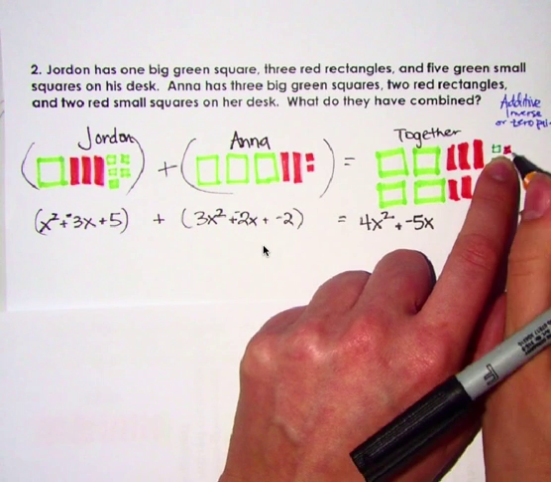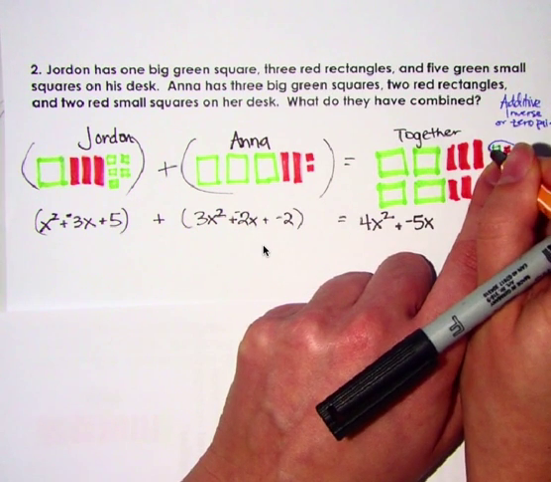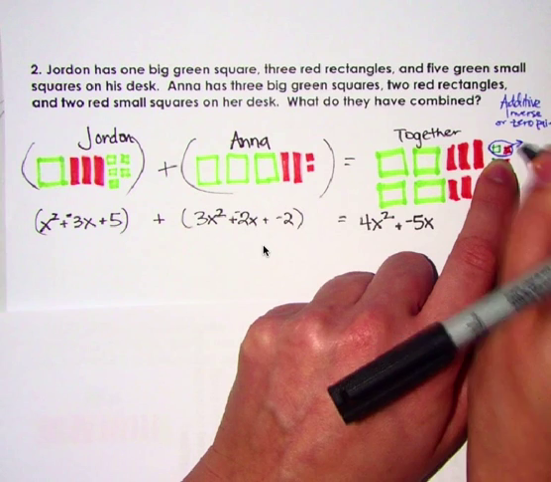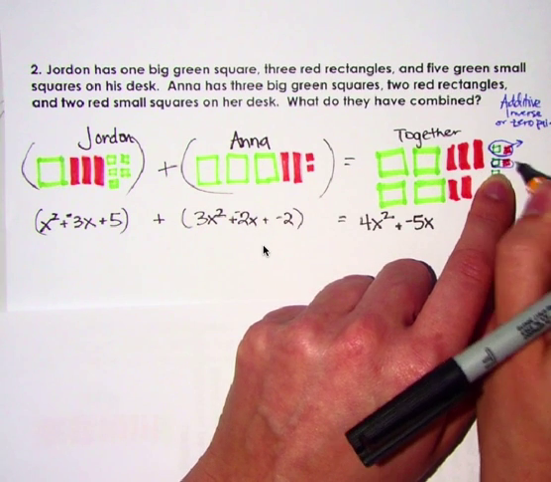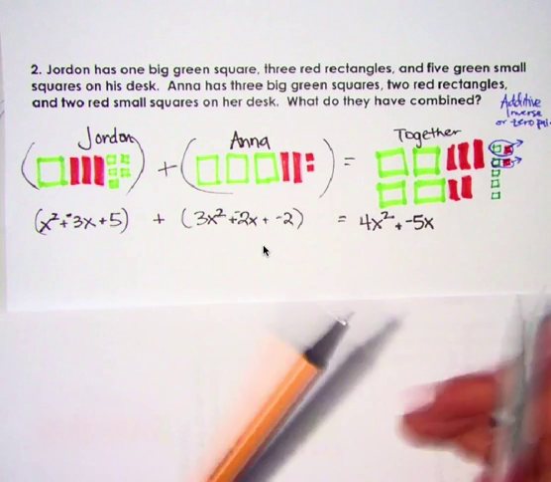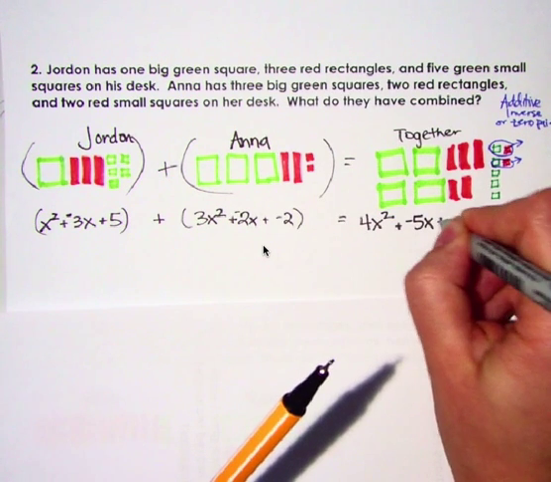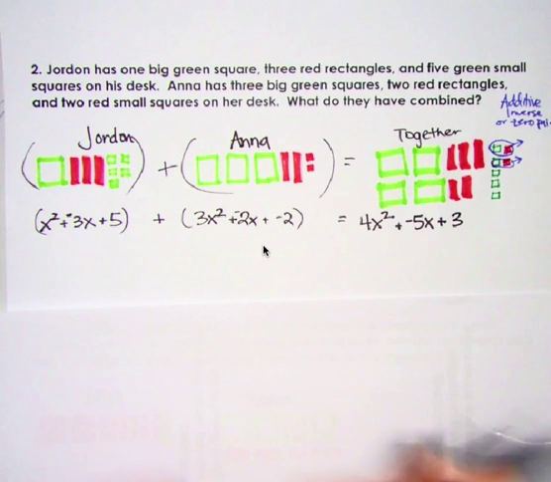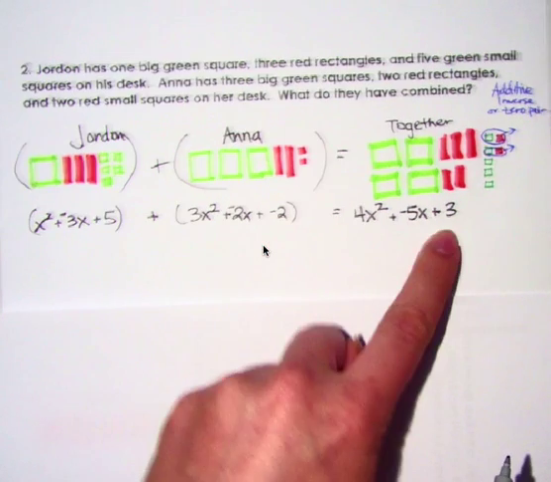They are opposites. So you can take these off the desk because these amount to nothing. Take them off the desk and take these off the desk. That means you should just have 3 positive tiles. All right, because 5 plus a negative 2 is 3.